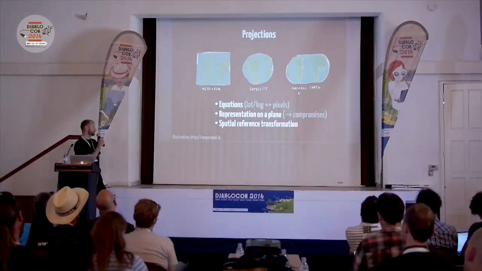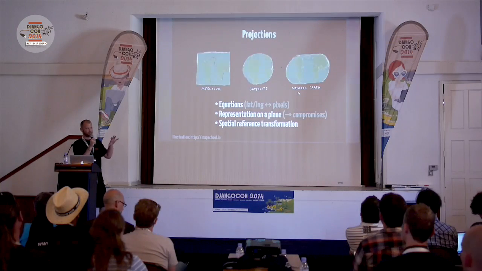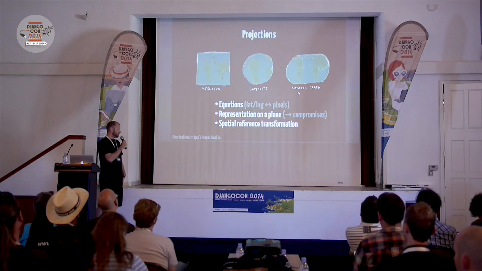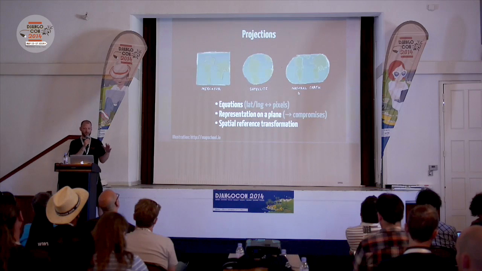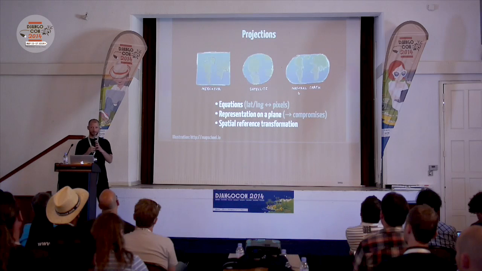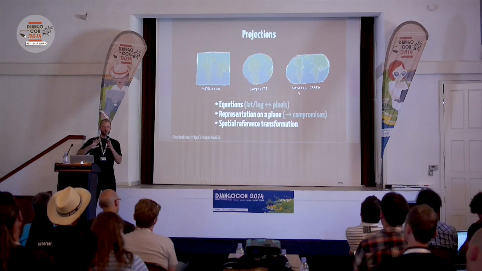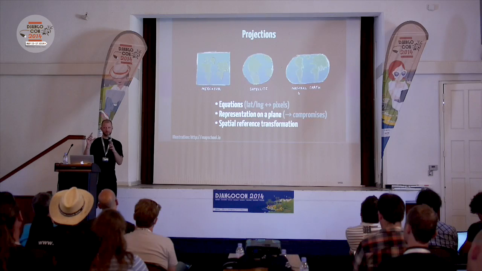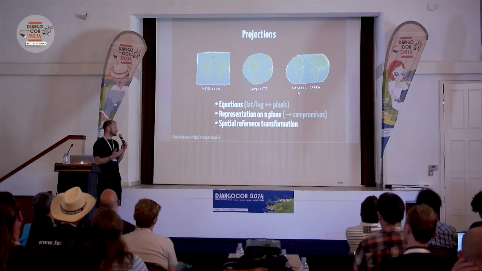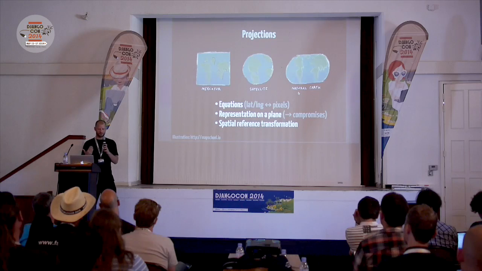Now we're dealing with pixels, and we still represent the sphere ellipsoid on a plane. So representing spheric coordinates on a plane means you have to do some compromises. Maybe you will lose the proportions of the areas, or maybe you will lose precision. You have to do some compromise.